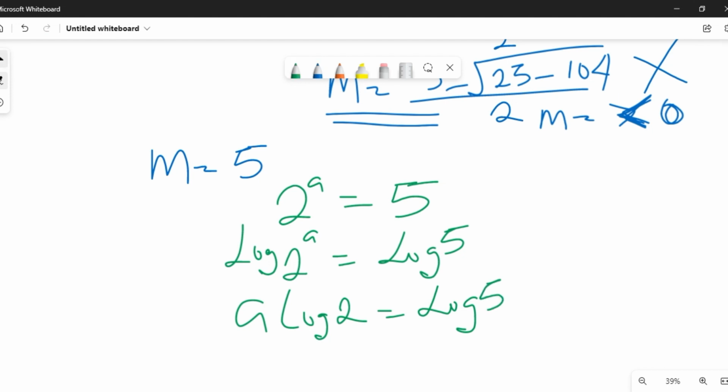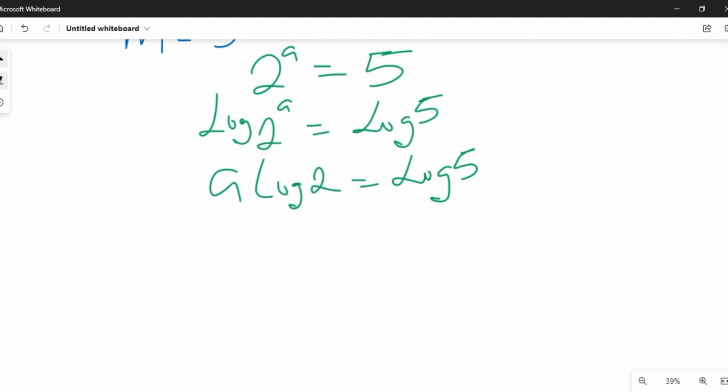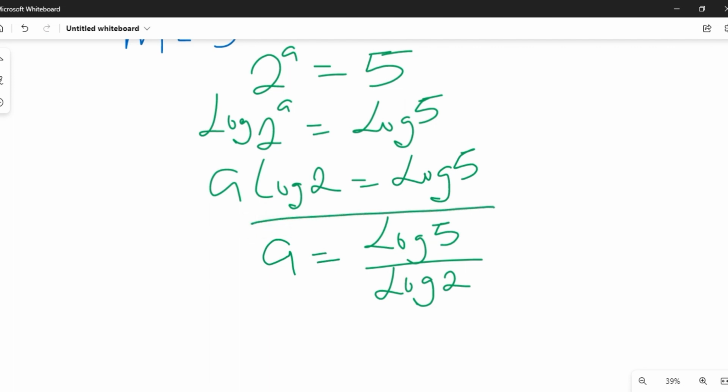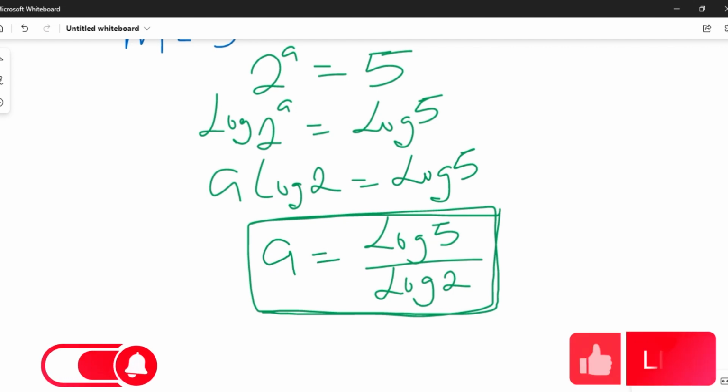So from this, we'll find out that a will be equal to log of 5 over log of 2, because we are going to divide both sides by log of 2. So the value we'll have for our a is log of 5 over log of 2, and that is the solution to that exponential equation.